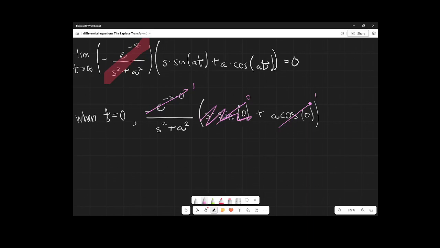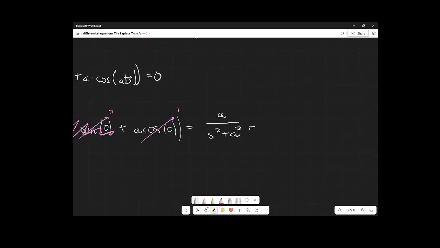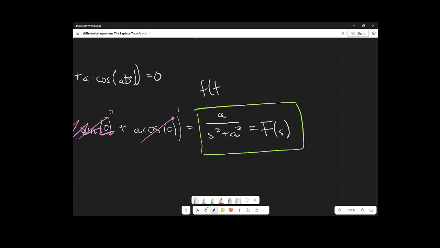And it looks like we're going to end up getting a divided by s squared plus a squared. And so that's going to equal the Laplace transform when f of t equals sine at.